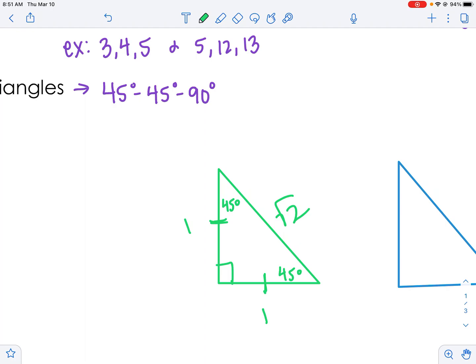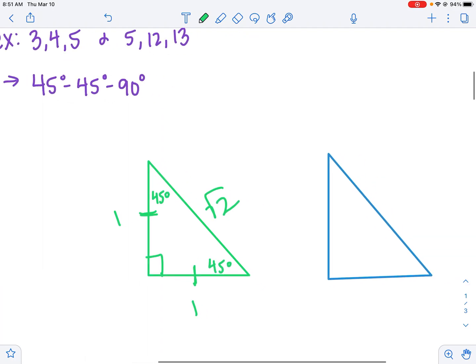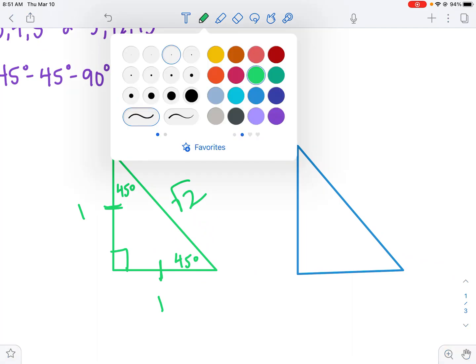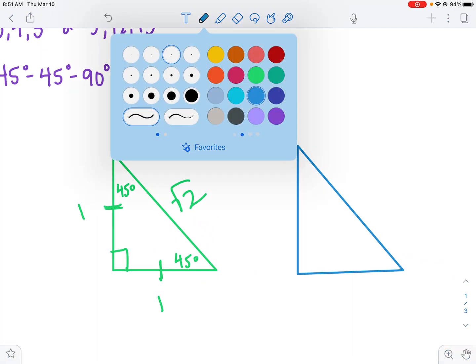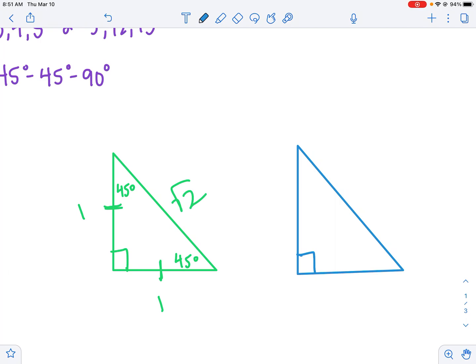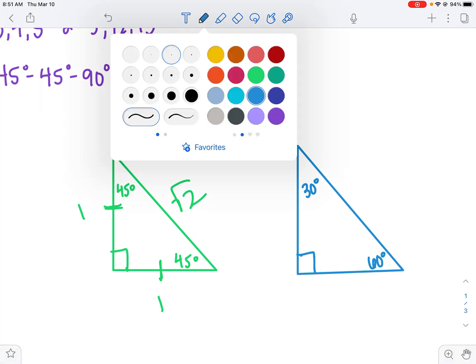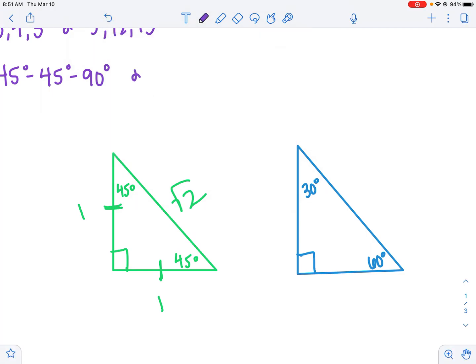Now, that's not going to mean much to you right now, but we're going to talk more about that later. Like I said, today is just all about what are the terms that you need to know, what are some patterns that you're going to see later on, kind of like an introduction for Unit 5. Okay, our other special right triangle is if it's 90 degrees, and then it's split into thirds, so it's 30, 60, 90. That's our other special right triangle. So 45, 45, 90, and 30, 60, 90.